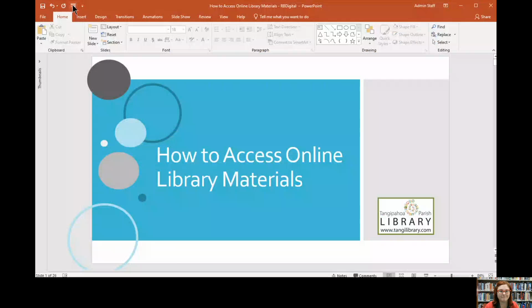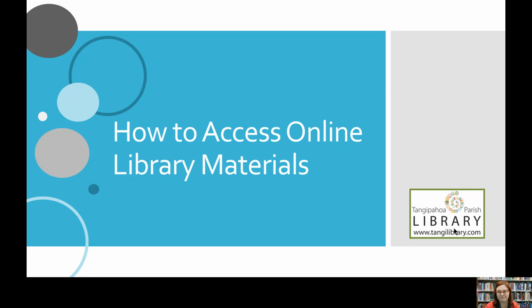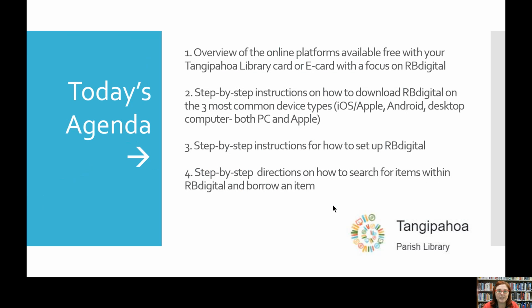Today, we are going to talk about accessing online materials. I will begin with an overview of the online platforms available free with your library card with a focus on RBdigital.